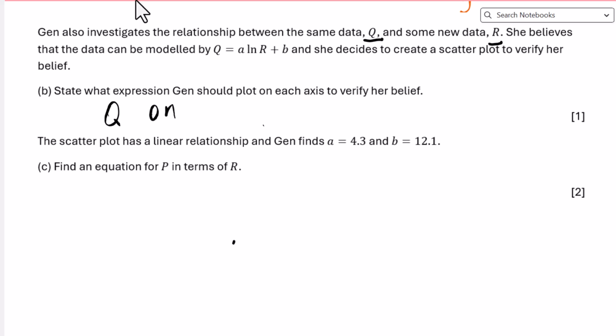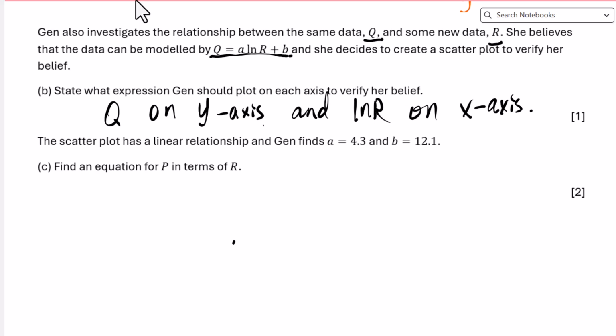Variable Q on the y-axis and natural log of R on the x-axis, so that you can get this linear function.